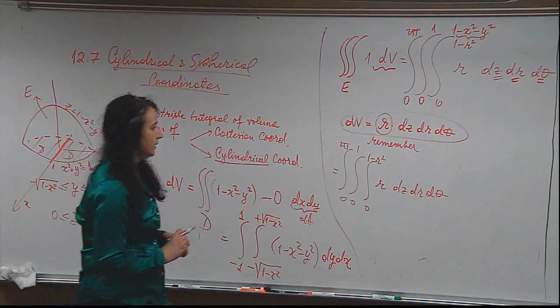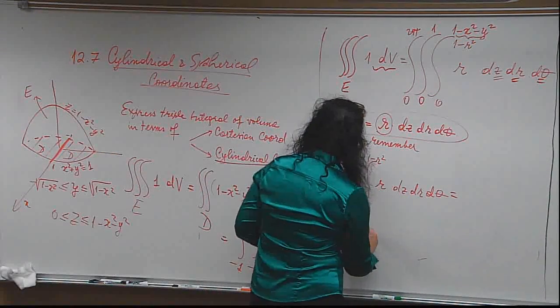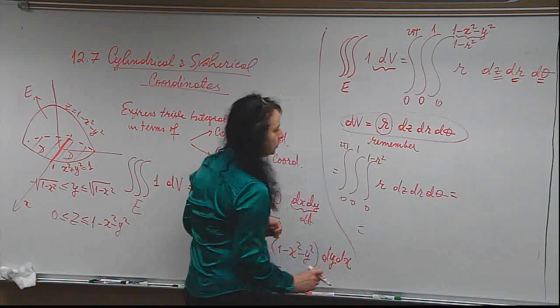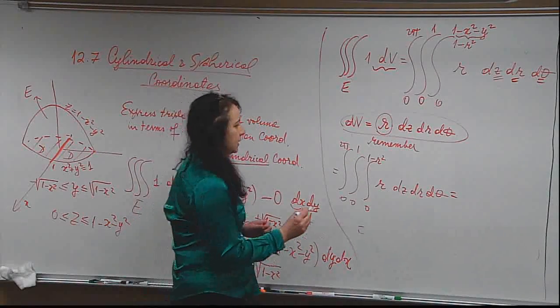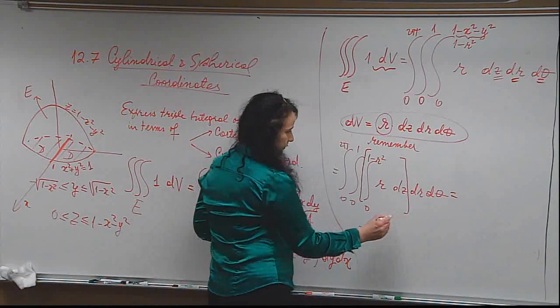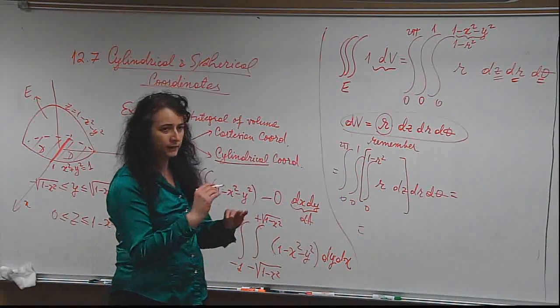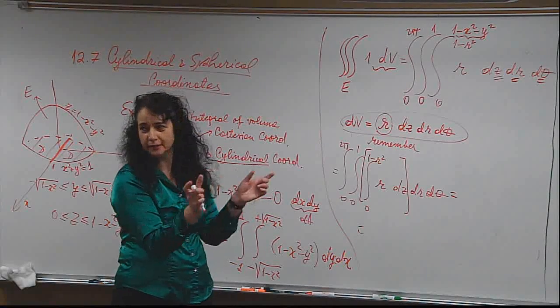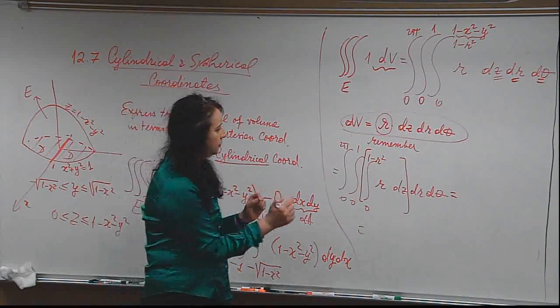Shouldn't be. Why? Well, let's go from the inside to the outside. First of all, what is the beautiful thing about this? As soon as I'm done with this integration, I have a product of functions in theta and r that are independent. So let me write it down.